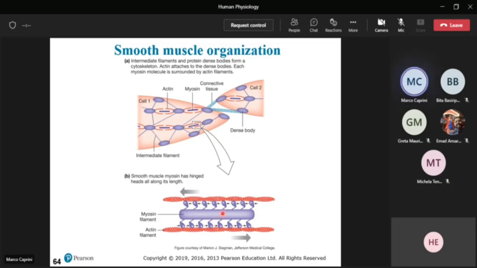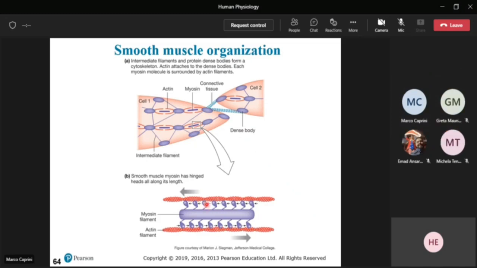There are a few differences. For example, actin is more plentiful compared to myosin. 10, 15 filaments of actin compared to 1 filament of myosin, more or less.